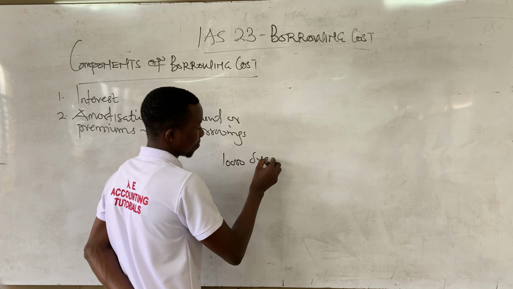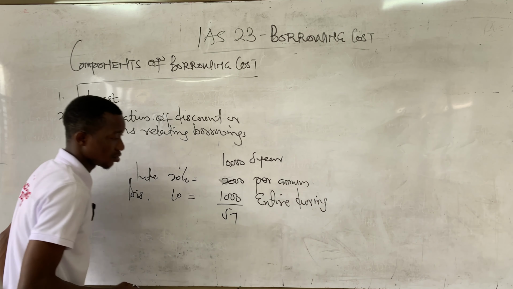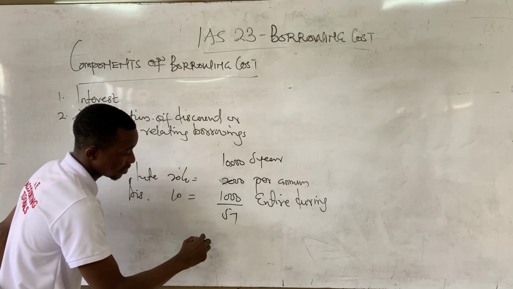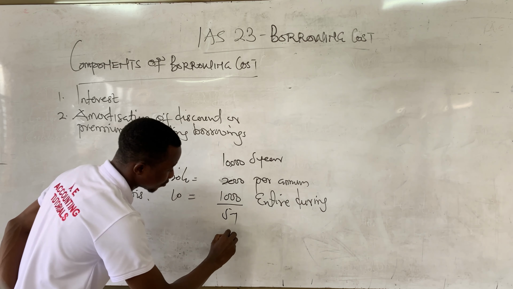But when we account for borrowing cost for 1 year, considering this discount, because the discount is for 5 years, we have to amortize the discount. That is spreading it over the term of the loan, that is 5 years. When we spread this, we will have 200 as discount for every year, meaning that the entity will pay the finance charge at a cost lesser by the discount.